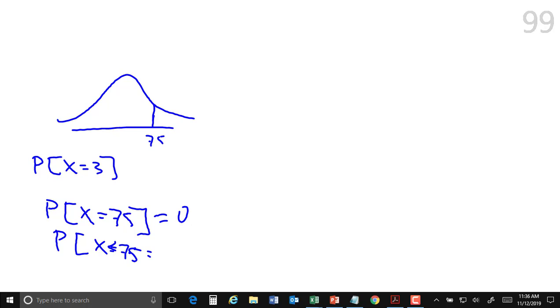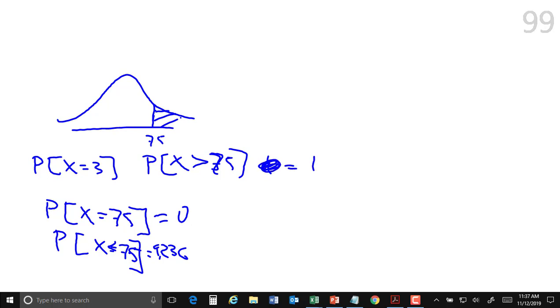In that case, we had 0.9236, right? So I can also ask, what is the probability that the random variable x is greater than 75? Notice I don't have equals, just greater. And since the whole area has to be 1, in order to get this area, I have 1 minus 0.9236.